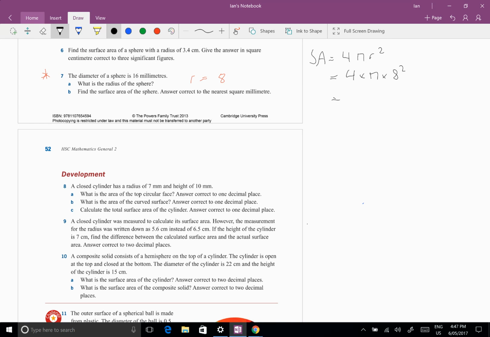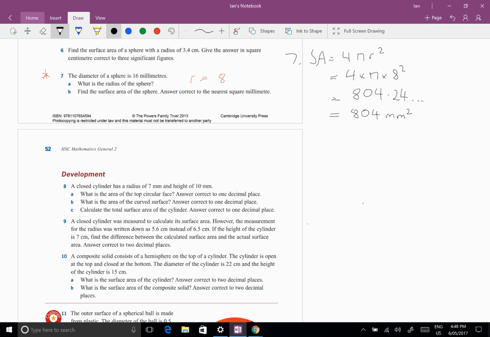And I get 804.2. What are we going to? The nearest square millimetre, 24. So it's going to be 804 millimetre squares. And we check the answer to question 7. And we're right. So there's question 7.